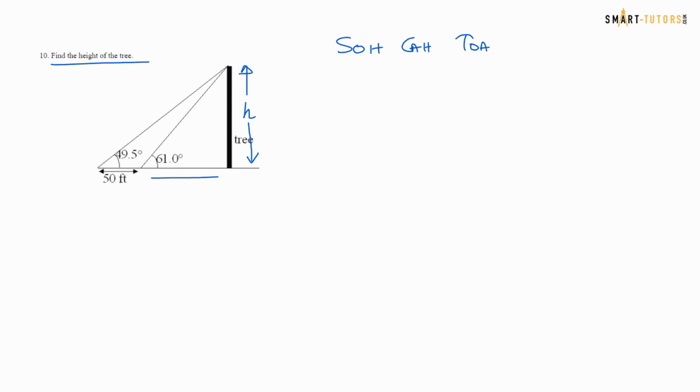So let's mark this one as x and let's mark the height as h. I'm going to write a formula for this small triangle. Small triangle, 61 degrees is the angle, opposite is O and adjacent is x.